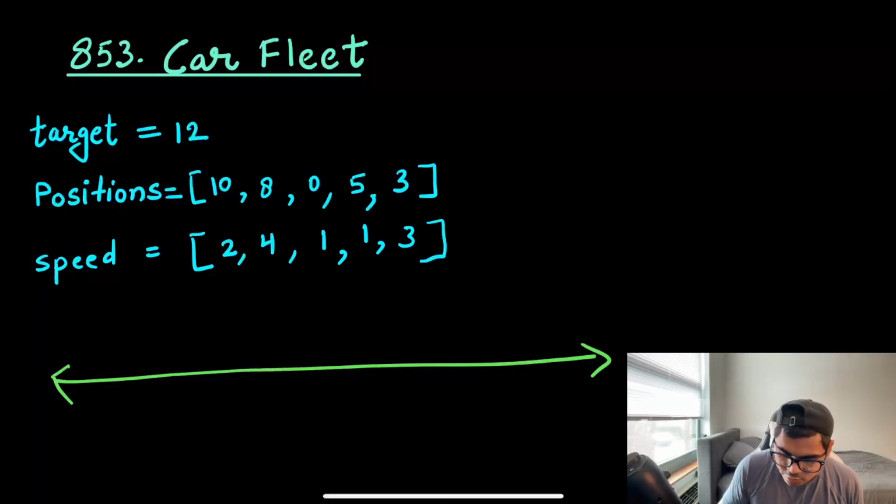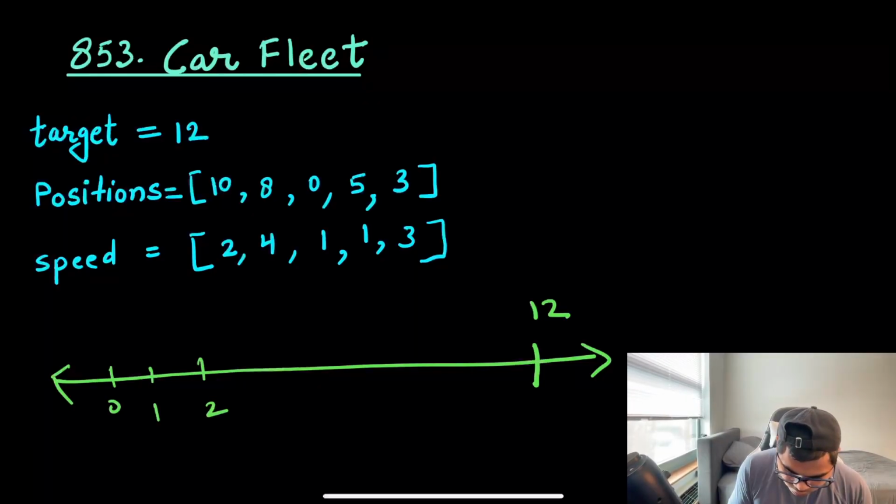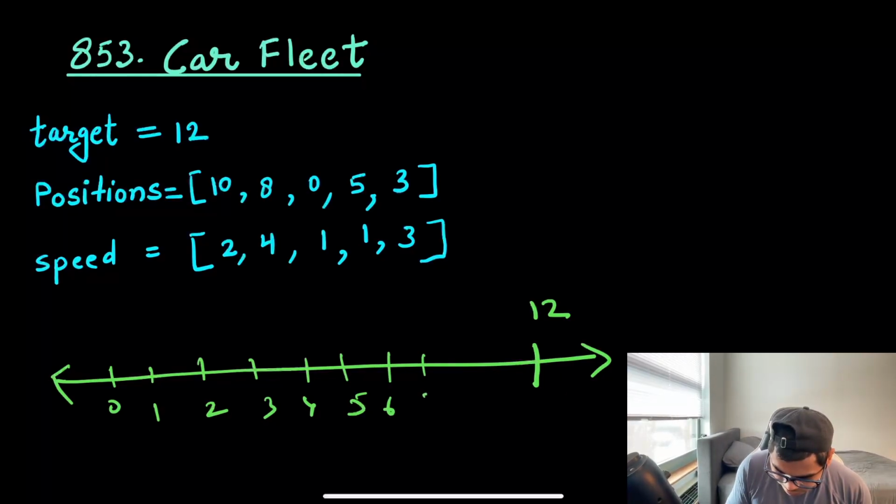The target is 12. Now these are different positions: 0, then 1, 2, 3, 4, 5, 6, 7, 8, 9, 10, and then 11.